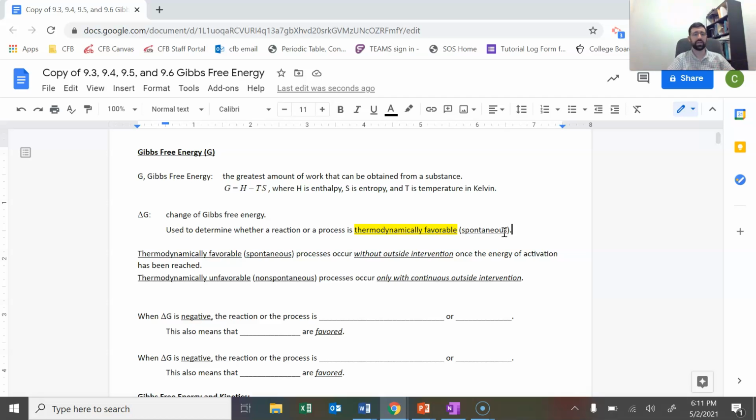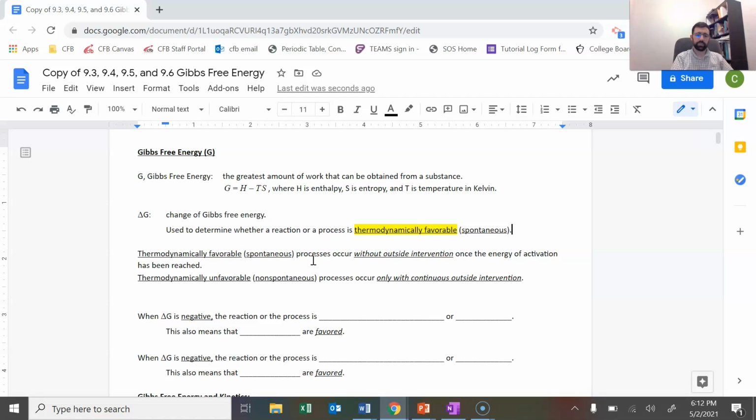I want you to know what they mean by it. But when you're writing FRQ answers, you want to make sure you use this terminology, thermodynamically favorable or thermodynamically unfavorable. It also is a little bit more clear what we mean when you say this rather than spontaneous.